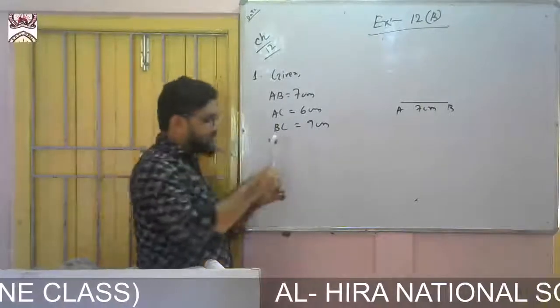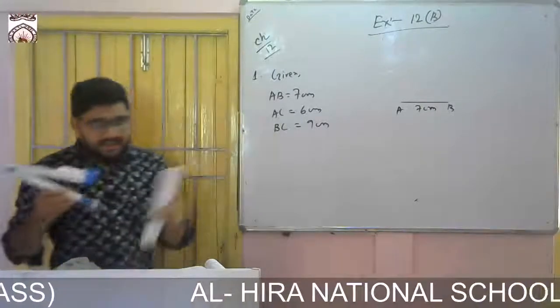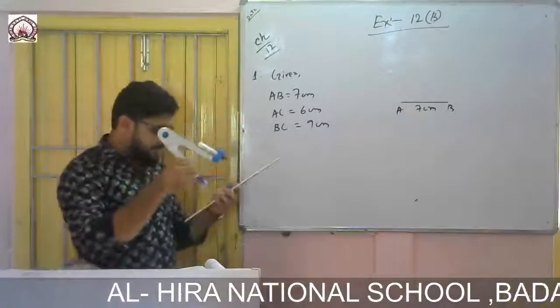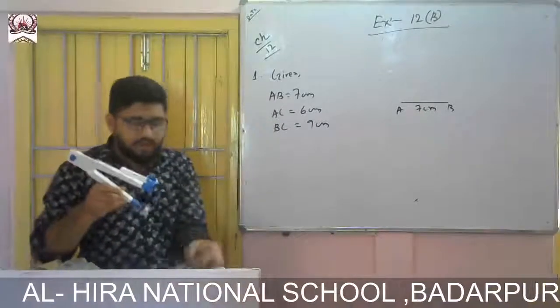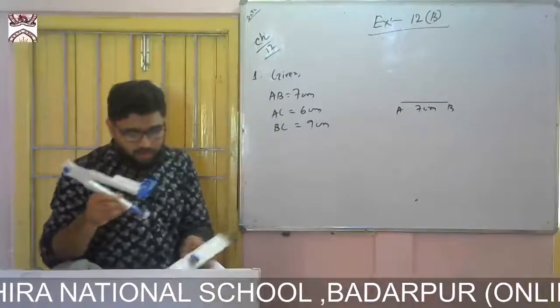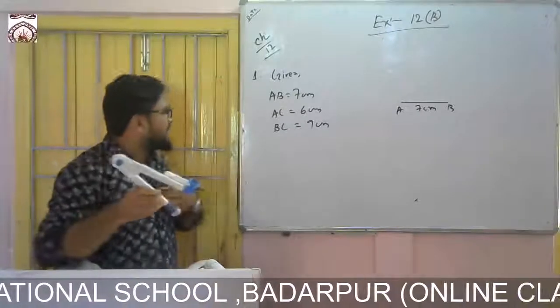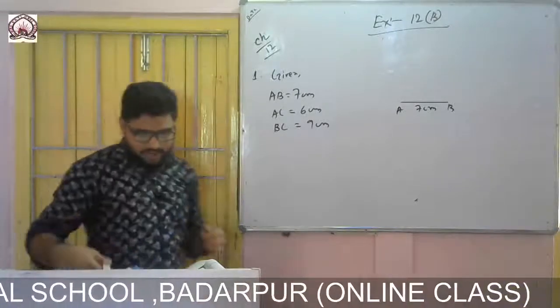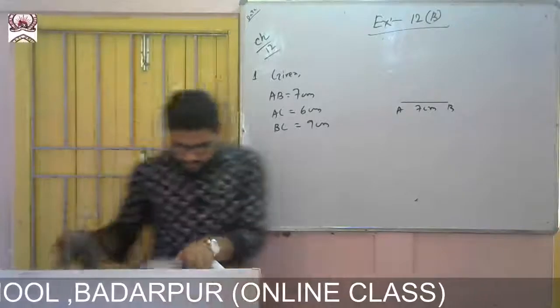So here you see, take 6 centimeter from your scale, that is, from your ruler. Sorry, this one 6 I have taken. This should be 7.